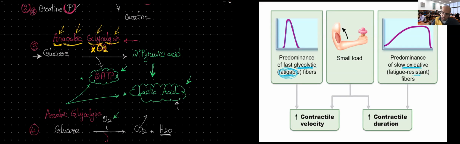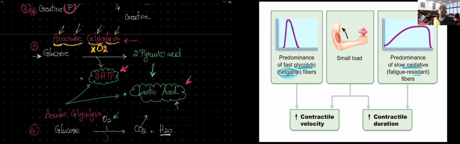You accumulate lactic acid and you're not supplying the muscle with enough ATP. So the predominant type of muscle fibers in this case is the fast glycolytic muscle fibers. Fast contractions, but they are fatigable.